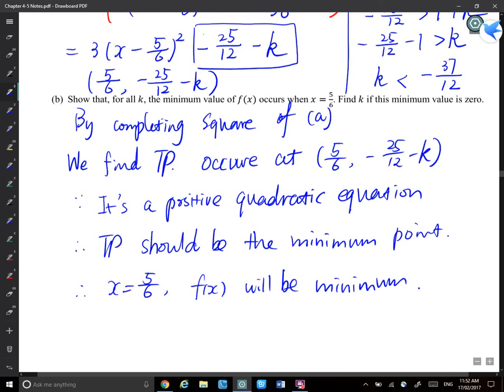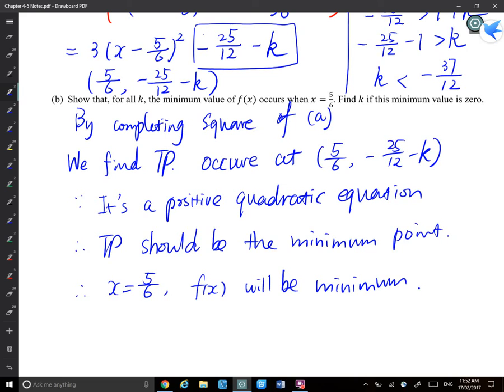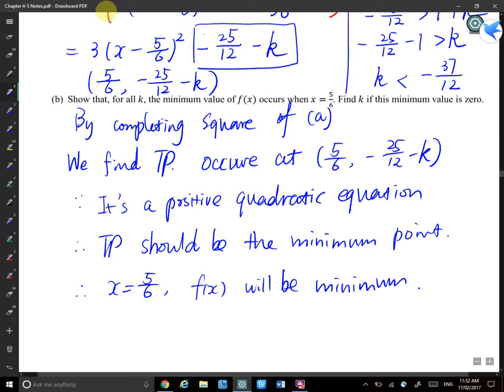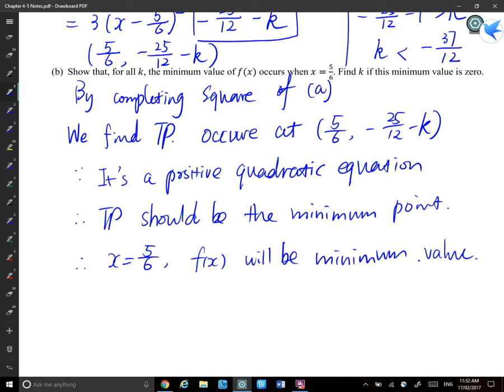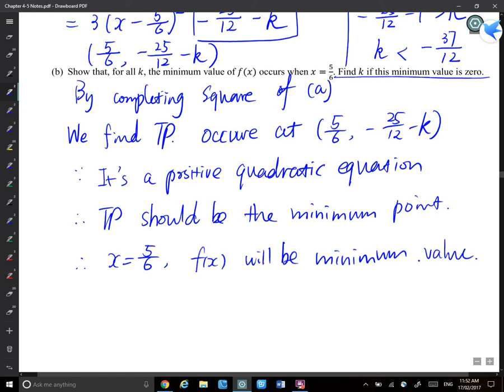Just to explain what's happening: because it's a quadratic graph and I found the turning point, and this is a positive graph, the turning point will be the minimum value. Therefore, when x equals 5 over 6, f(x) will have the minimum value. The next one is asking, find k if the minimum value is 0.